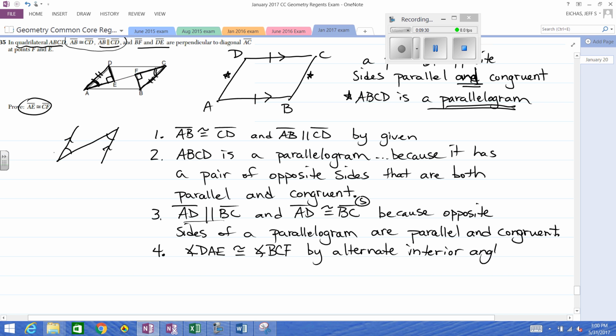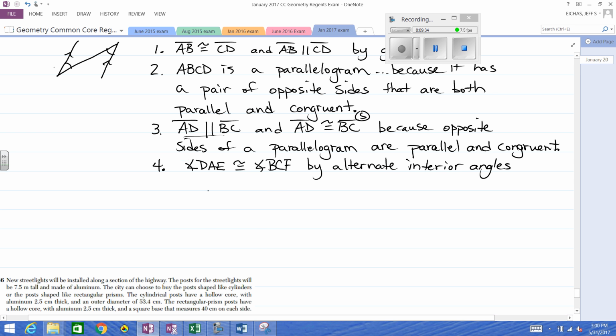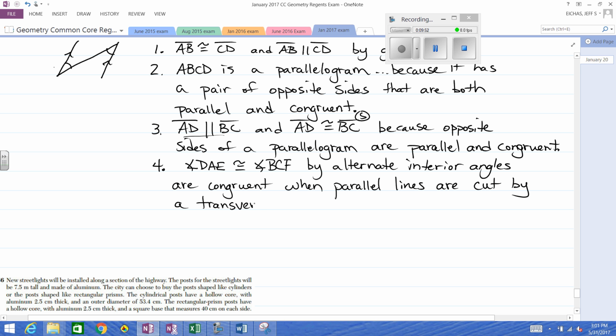In case your teachers don't use that, I'll write it out: by alternate interior angles are congruent when parallel lines are cut by a transversal. And that's just playing it safe in case whoever's scoring your exam doesn't accept that.